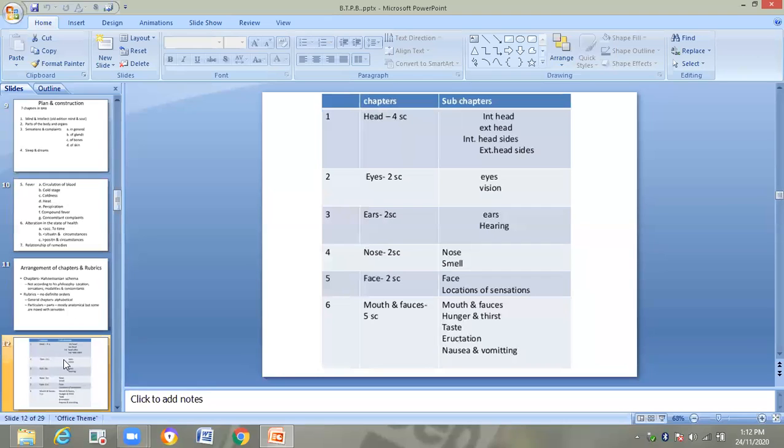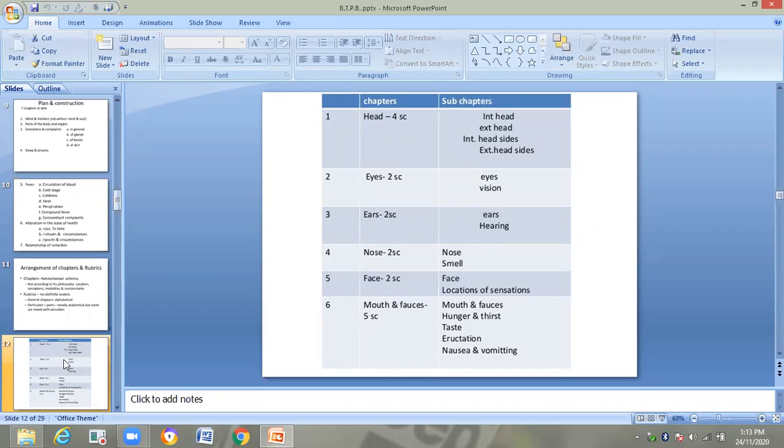Then in chapter head, there are 4 subchapters, that is internal head, internal head sides and external head sides. For eyes, there are 2 subchapters, that is eyes and vision. Under ears, there are again 2 subchapters, ears and hearing.